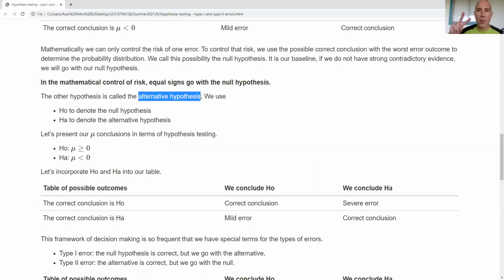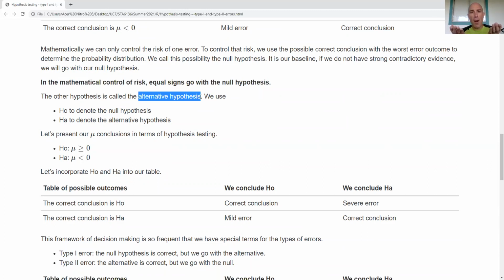Okay, so I've got two possible conclusions, and then I look at which mistake is more severe. What I'm going to do is set it up so that the null hypothesis is the one where, if going with it is wrong, I get a lower penalty.